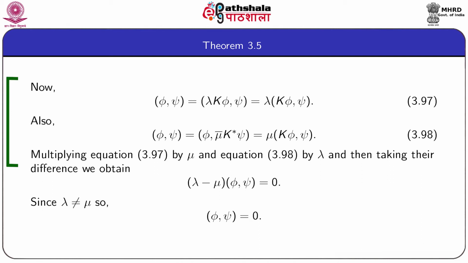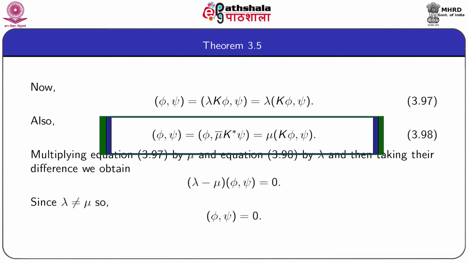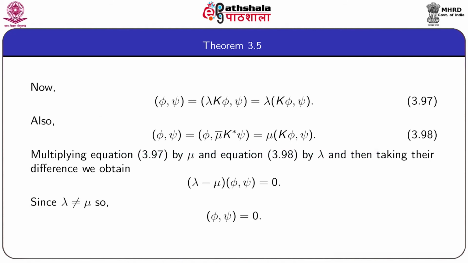We again consider the inner product of phi and psi, and instead of psi we can write psi equal to mu bar K star psi. So that the inner product of phi and psi is equal to the inner product of phi and mu bar K star psi, and by property of inner product, if I take out mu bar, then we get mu into the inner product of K phi and psi, as given by equation 3.98.